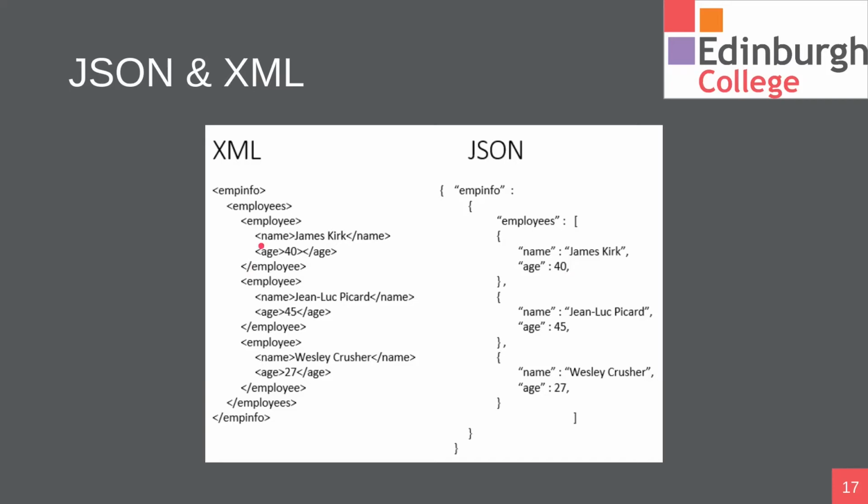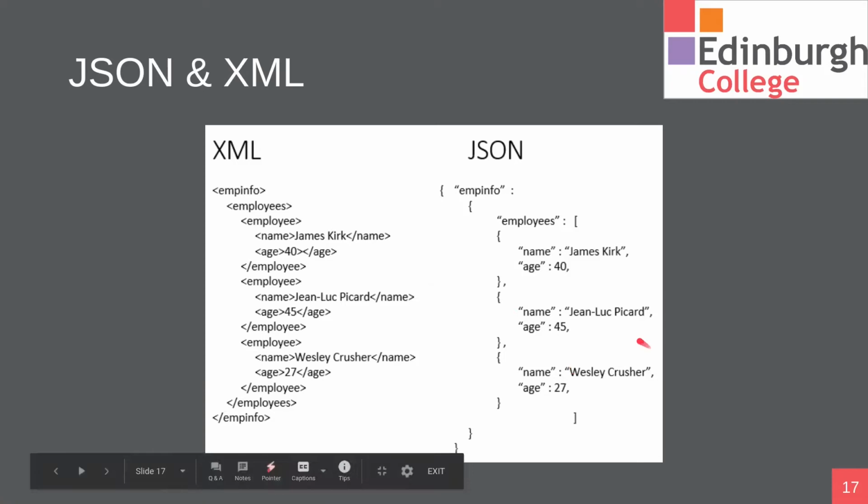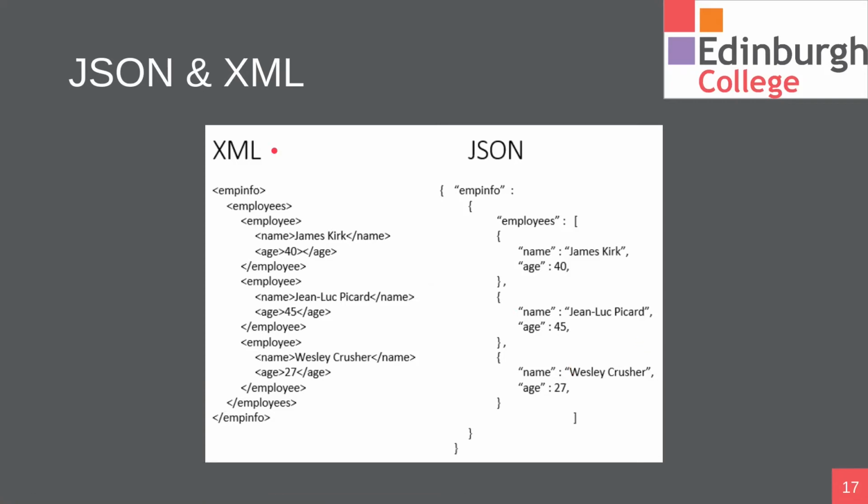Now one thing to note is that XML has slightly more characters, and I'm guessing if you were to take this up to very large scale, there might be some slight impact on that, although it's not something I really know that much about.